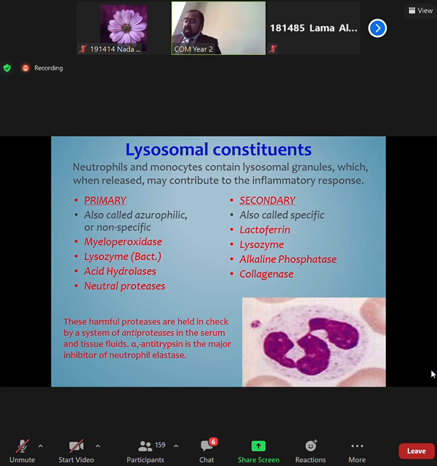For this, there are anti-proteases which are secreted in the body, which come from the serum and tissue fluid, which is alpha-1 antitrypsin, which is formed in the liver and is a major inhibitor of neutrophil elastase. So whatever destruction is caused by this, we have anti-proteases, alpha-1 antitrypsin, which take care of this lethal effect. Okay, thank God. So we have both of the things, destroying and also repairing.